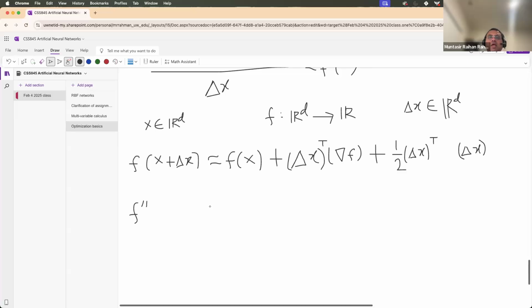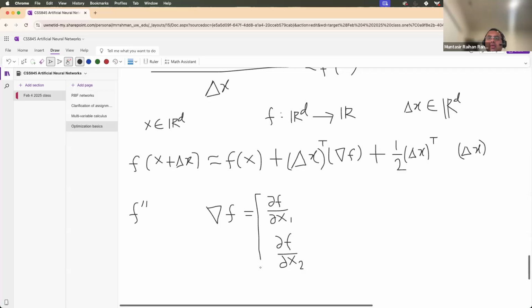We know that the first derivative is a vector. And what was this value? This was delta f by delta x1. And just for simplicity, let's use 2D vectors. So this is delta f by delta x2.